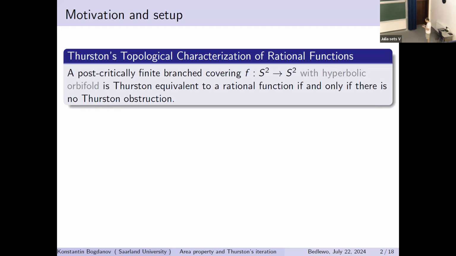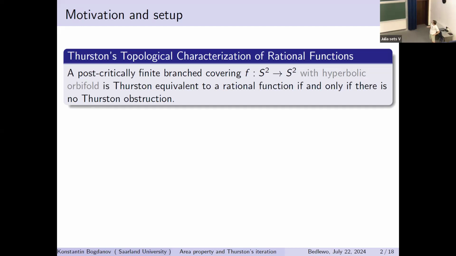When you have a topological model for a rational function, modeling some post-critically finite dynamics, then this criterion tells you whether it's equivalent to an actual rational function. So it's quite an important result. You can construct these topological models and decide whether you have actual rational functions.